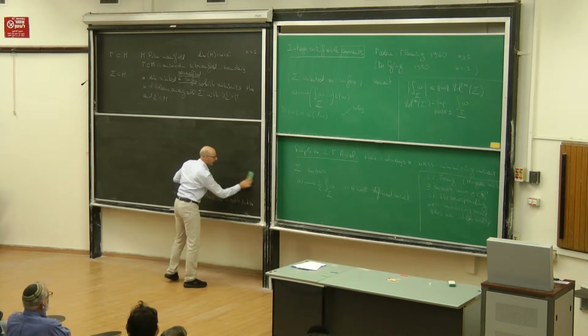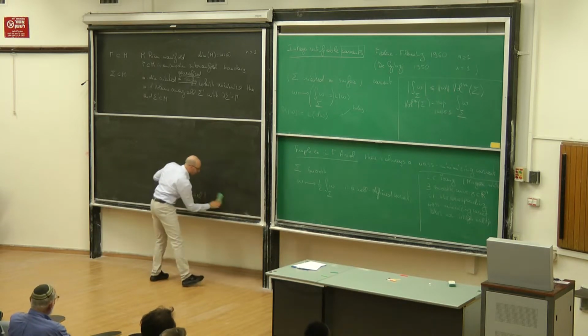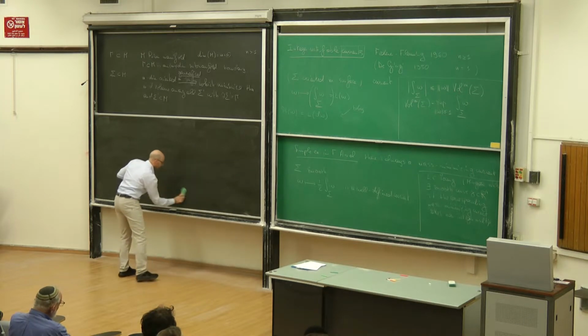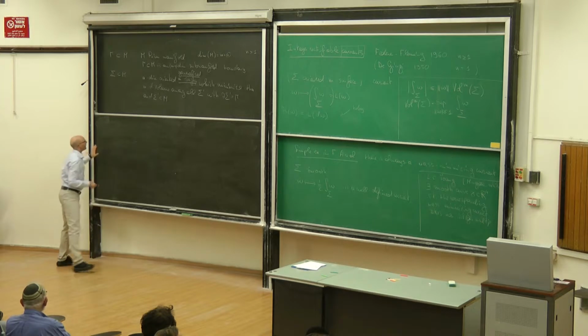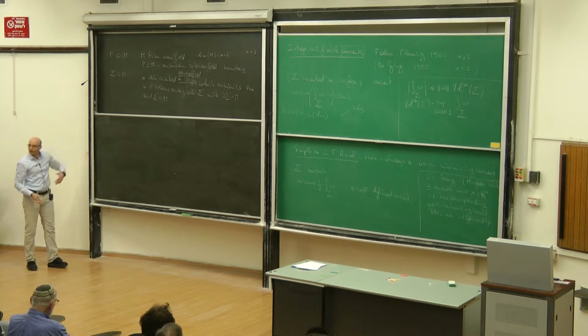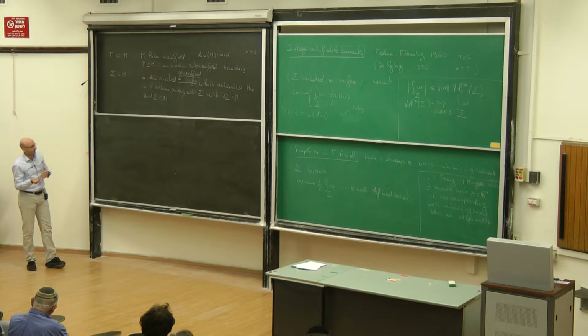Nonetheless, this is possible, and when you actually try to do this, you land into the so-called integer rectifiable currents. Okay, so there are two ways that you can think about integer rectifiable currents, and I'm not going to give you the precise definition anyway.